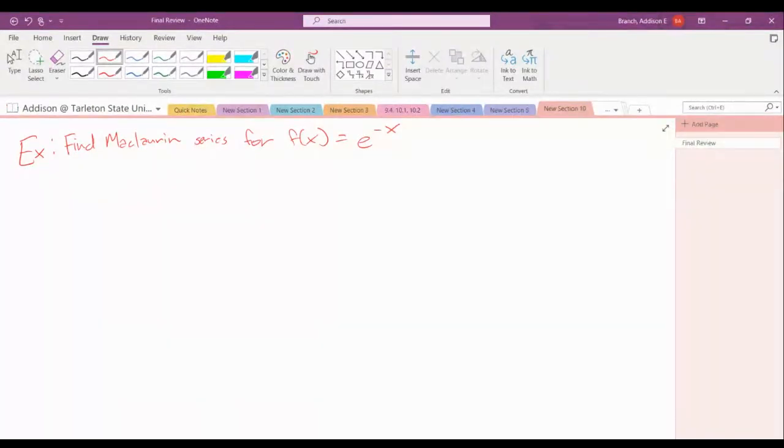Typically, for both Taylor and Maclaurin series, I'd start by splitting this up into columns. Your first column is all of your derivatives of your function: f of x, f prime, f double prime. I'd usually go up until about your third derivative, and if you can find your pattern, great. If you don't quite have a pattern yet, then you can always add on.